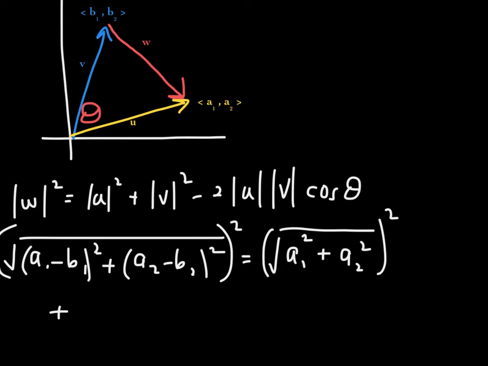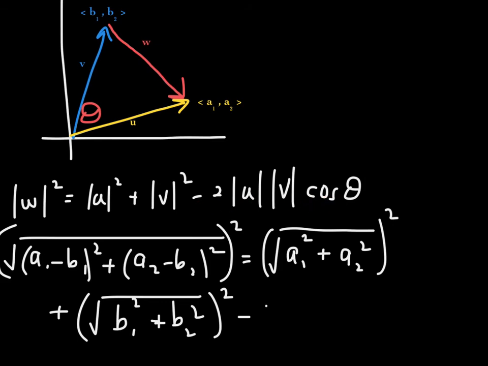Okay, so it'll be the square root of b sub 1 squared plus b sub 2 squared. And don't forget the square of this, right? Minus. Now for all of this, folks, I'm asking that you just write it down again, all right? Copy it down. 2 times the magnitude of u, times the magnitude of vector v, times cosine of angle theta.